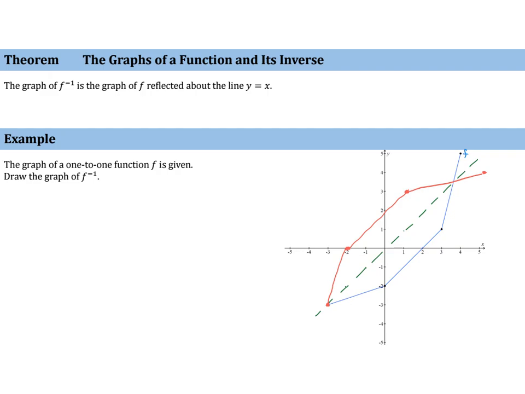You'll notice that whenever we cross the line y equals x, we intersect the graph of f. So the red graph is f inverse.